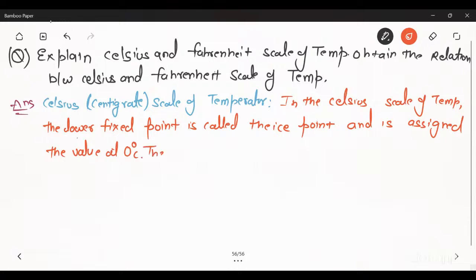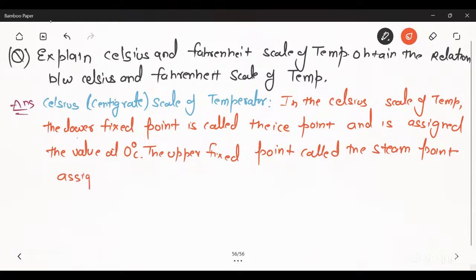And the upper fixed point is called the steam point, assigned the value of 100 degrees Celsius.